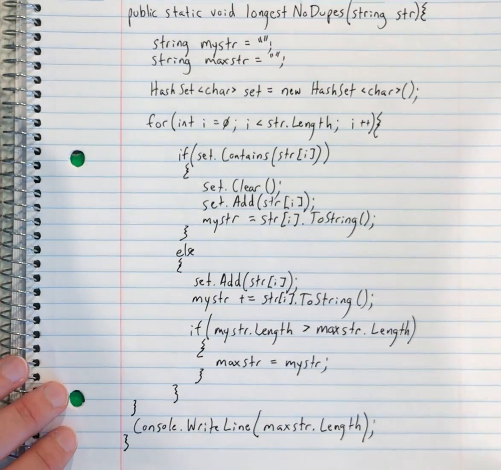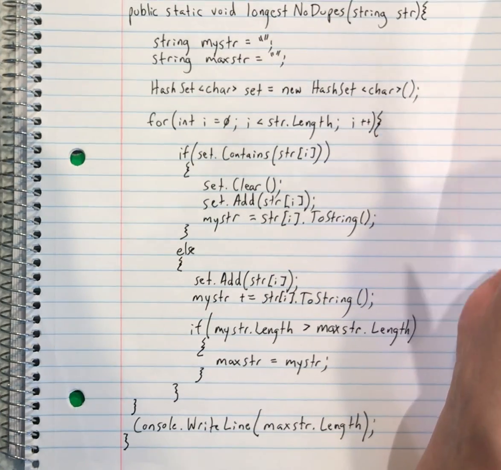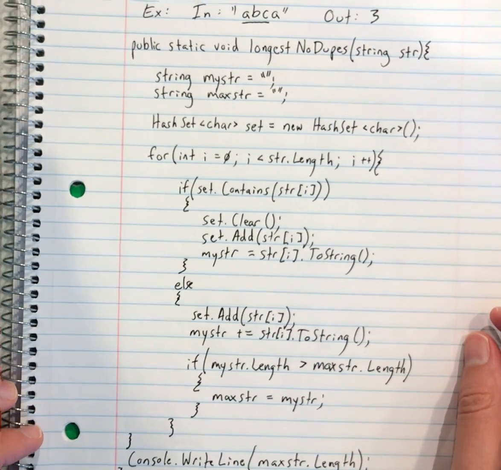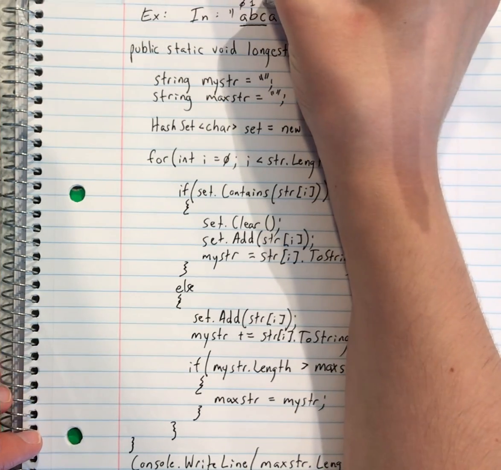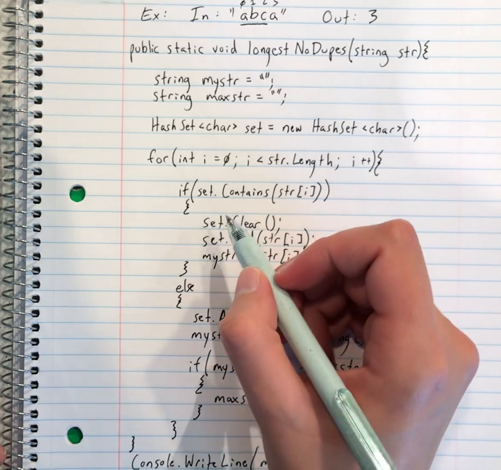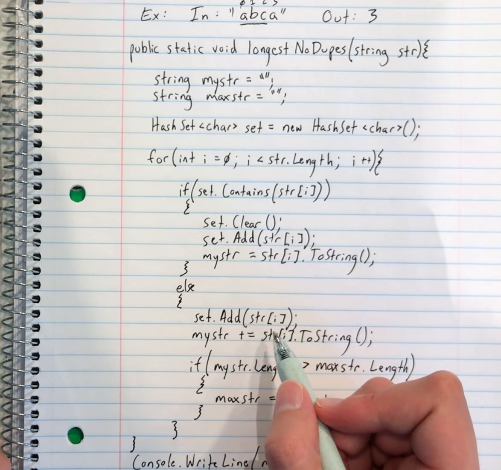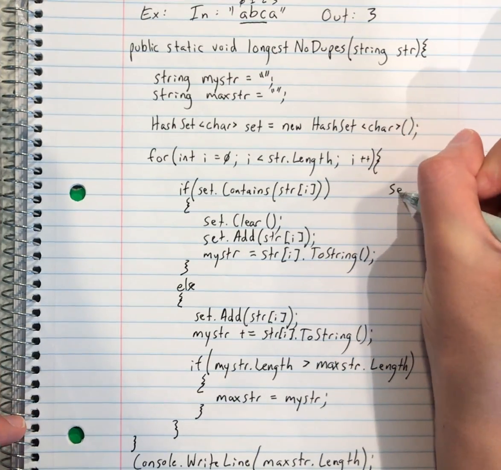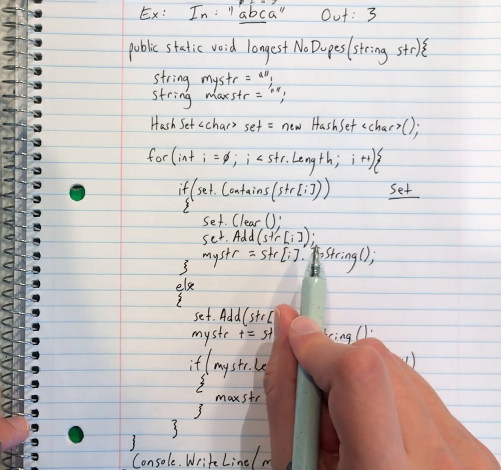Awesome. Let's go through with our sample input string. I'll write out the values of I here. Okay, so for I is 0, if set.contains, it does not. In this case, else set.add string of I. Okay, so we have a set, which I'll put here. So add the ith element.